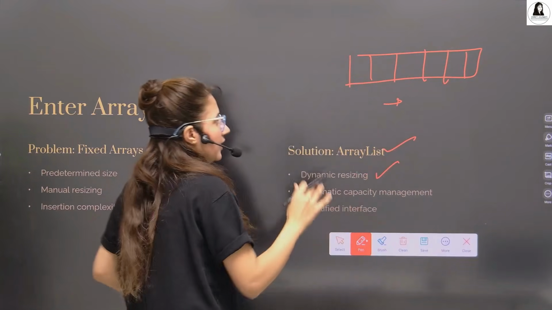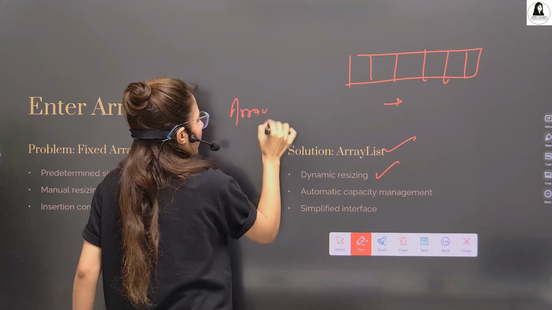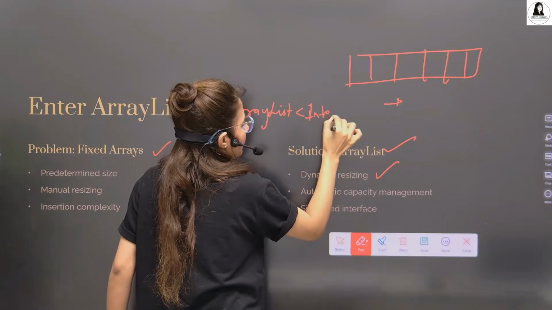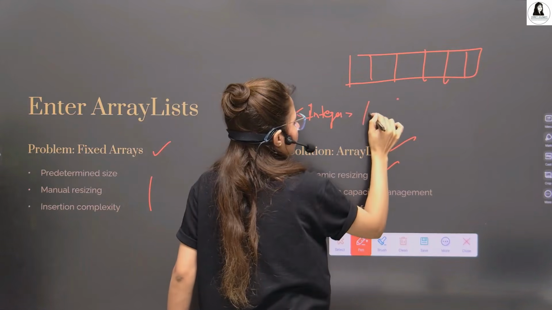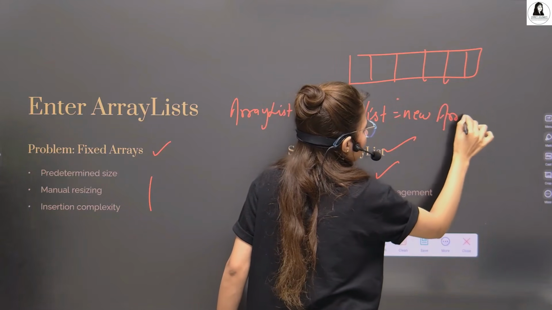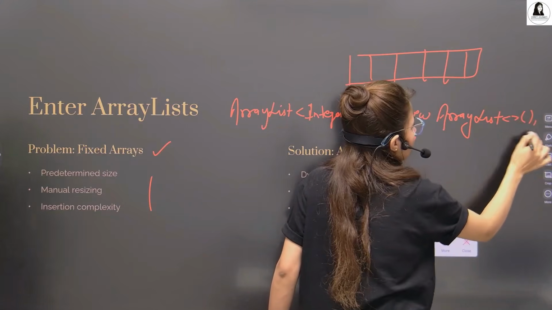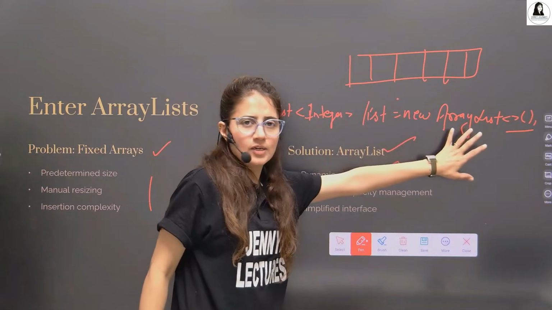You don't have to give any size in array list. Like if suppose I write here something like this, ArrayList of integer type, and name is suppose arr, or let's take list is equal to new ArrayList. So you don't have to give here the size of the list.